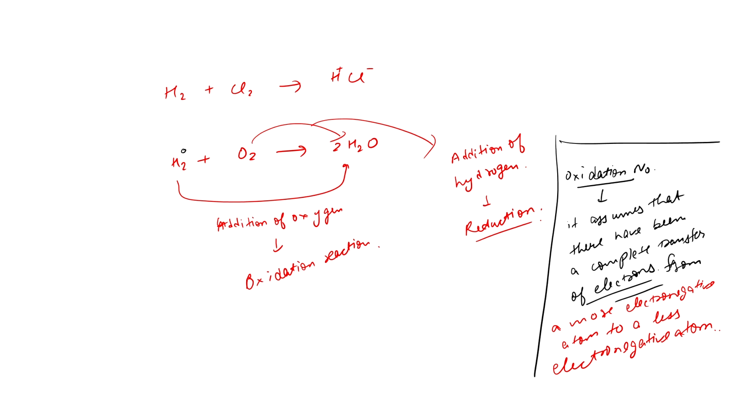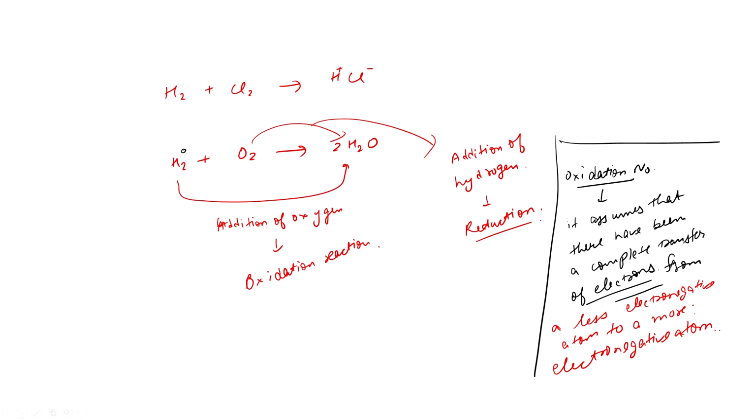Oxidation number assumes that there has been a complete transfer of electrons from a more electronegative atom to a less electronegative atom. Oh sorry, I have written the opposite thing: from a less electronegative atom, that means an electropositive atom, to a more electronegative atom.